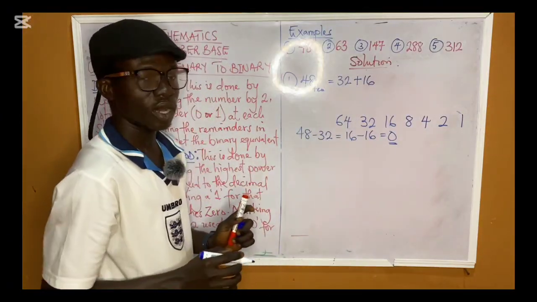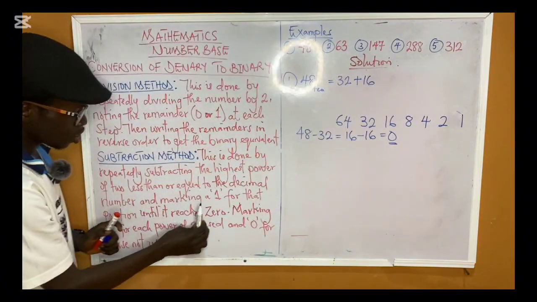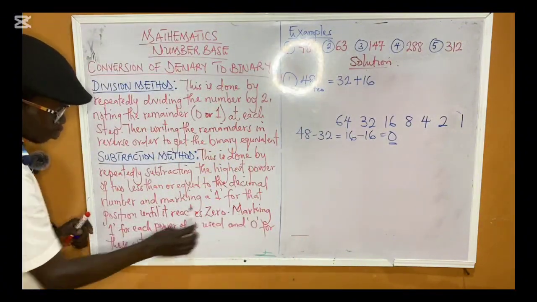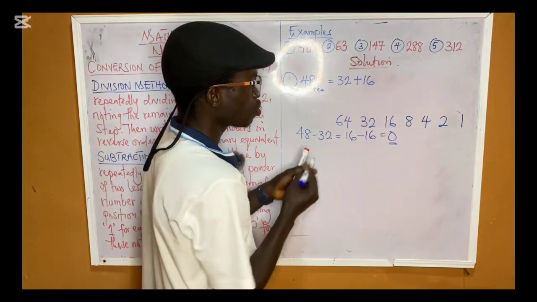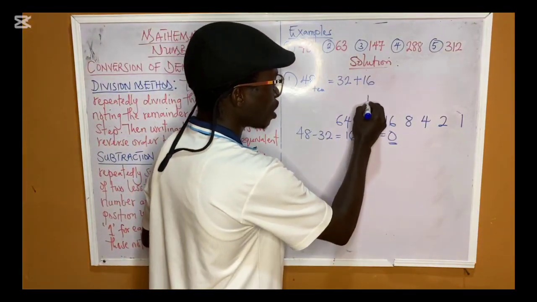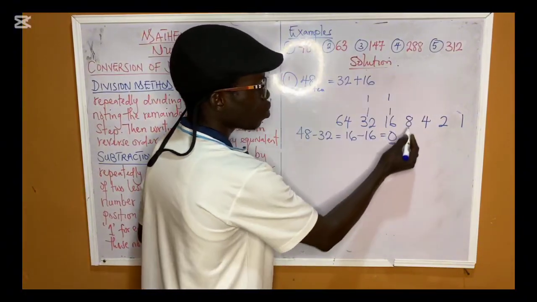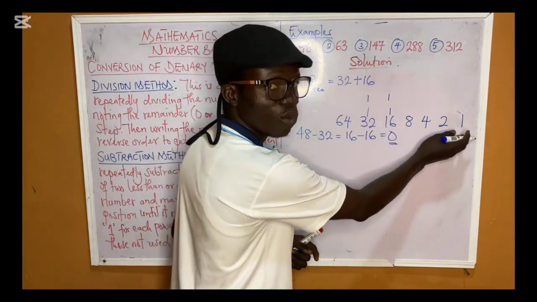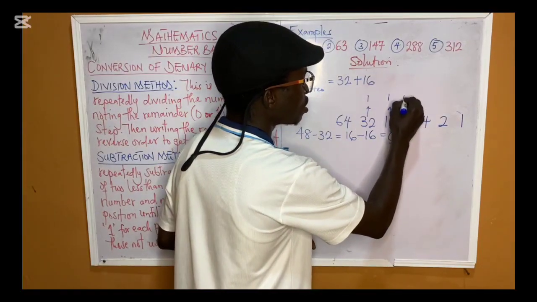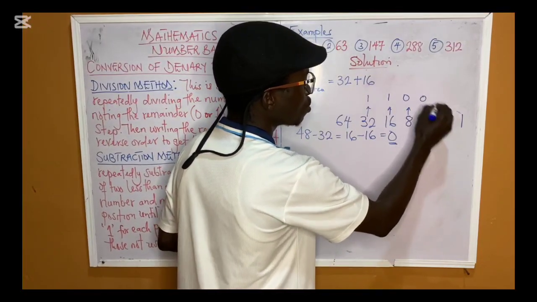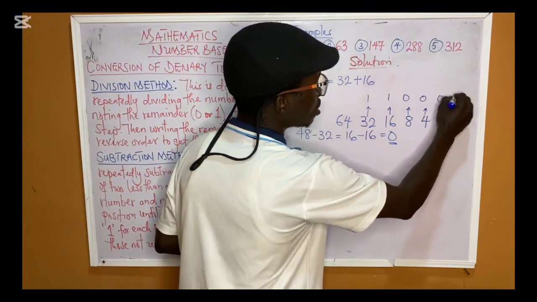But we are not done with our calculation. We are going to mark a 1 for that position used. We used 32, so for this position I'll have 1. We use 16, for this position I'll have 1. We did not use 8, 4, 2, and 1. So the remaining ones, I'm going to write 0, 0, 0, and 0.